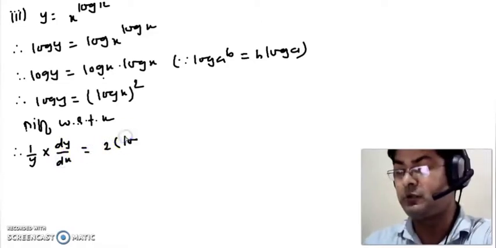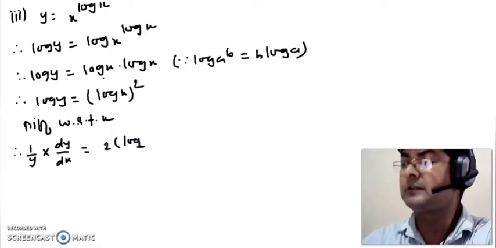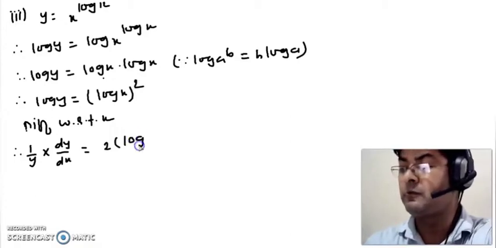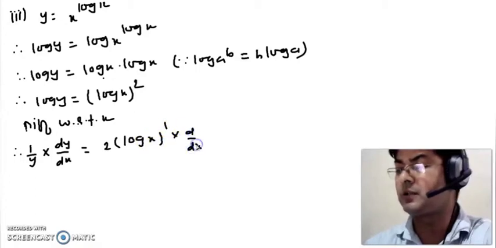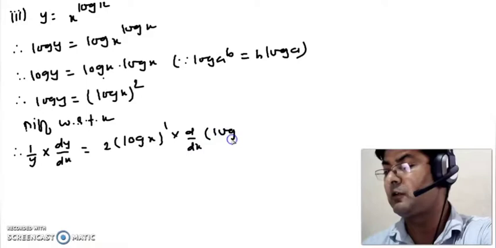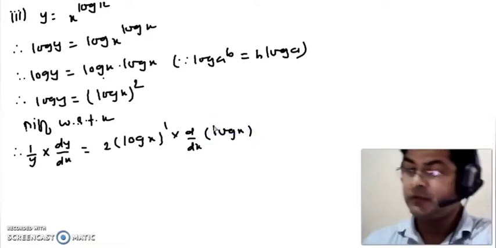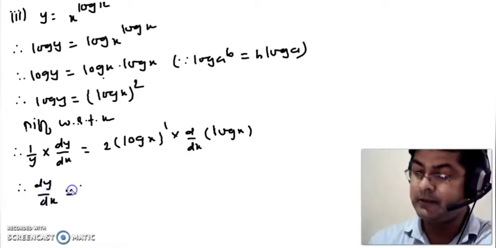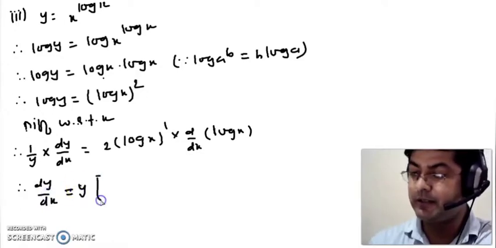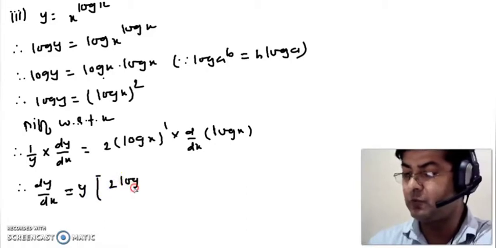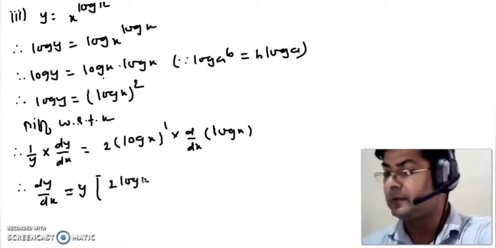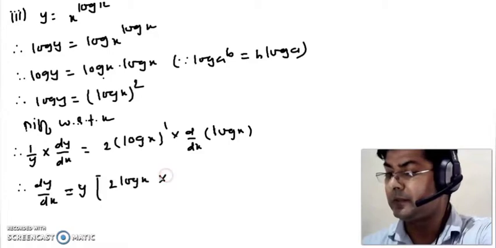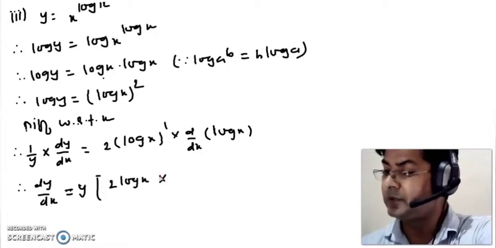So 2 into log x raised to 2 minus 1, that is 1, into d by dx of, now we will differentiate log x, and therefore dy by dx is equals to y into bracket we have 2 log x, multiplied by differentiation of log x is 1 by x.